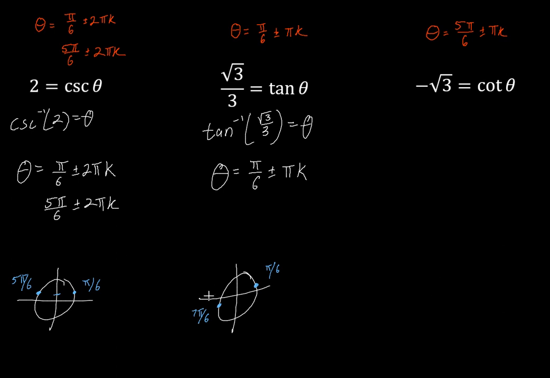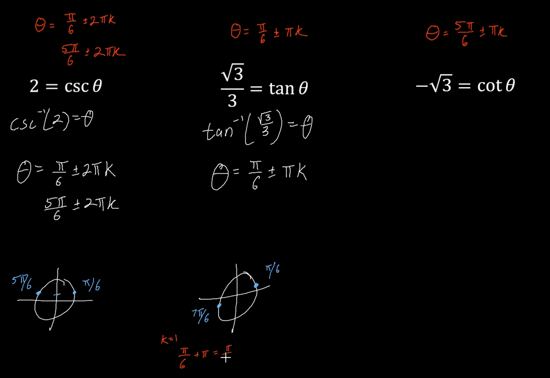A lot of people think that means that we're neglecting 7 pi over 6, but we're really not. Because if you take pi over 6 and you add pi, so we're going to say where k equals 1, it's pi over 6 plus pi.